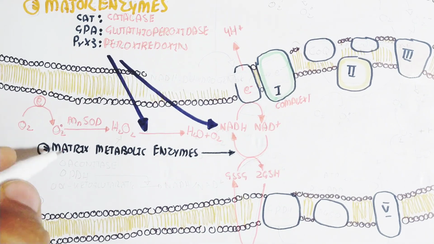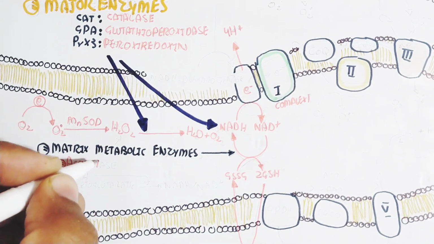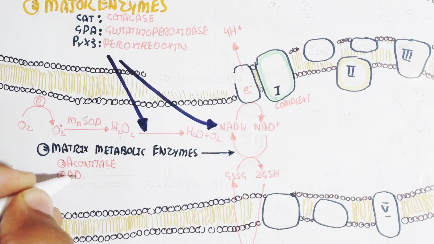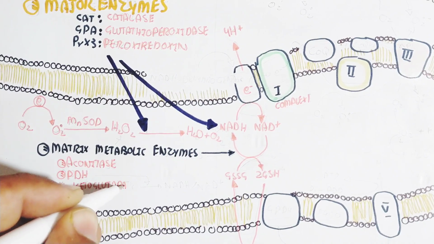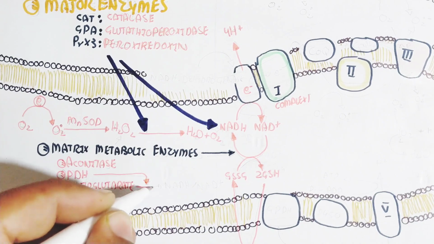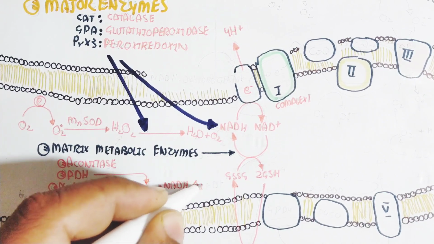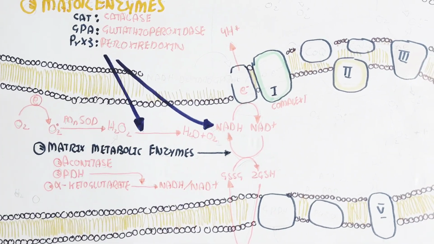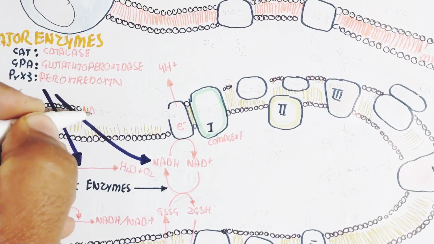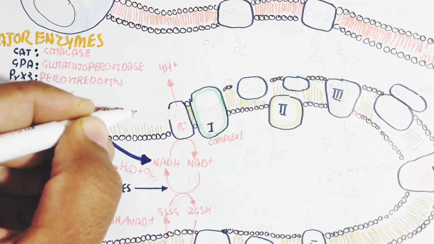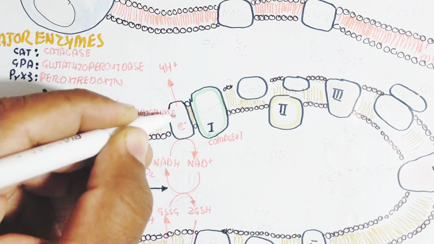On the other hand, the matrix metabolic enzymes convert NAD plus into NADH in the Krebs cycle: aconitase, PDH, and alpha ketoglutarate dehydrogenase, which affect the NADH and NAD plus ratio.